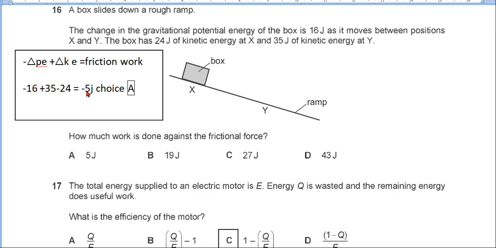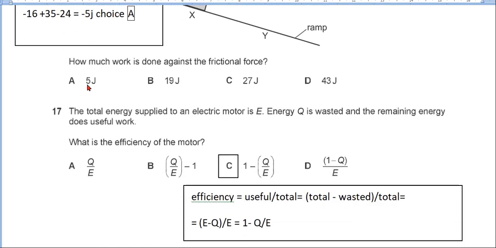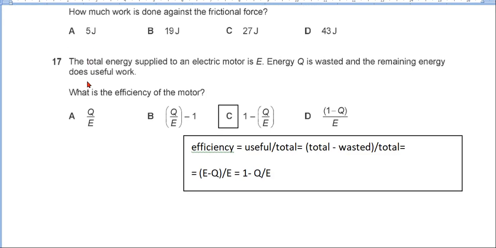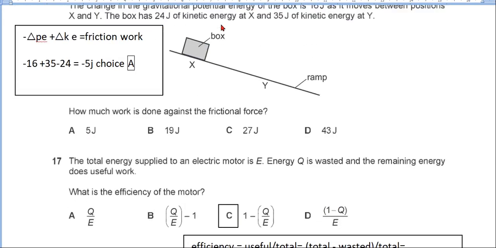As a result, we see that 5 joules of energy is dissipated, as heat probably. How much work is done against the frictional force? Choice A, 5 joules.